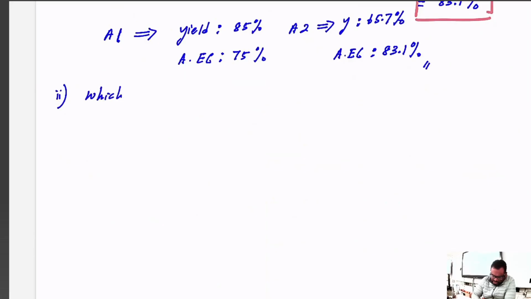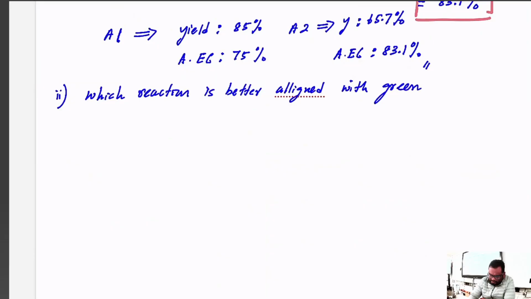Which reaction is better aligned with green chemistry? The answer is reaction A1. The reason: higher percentage yield.